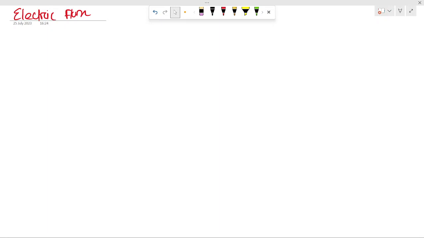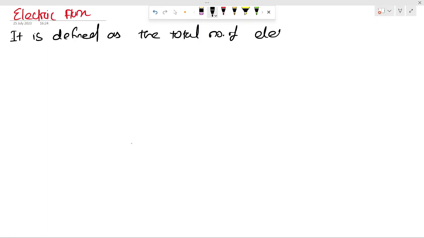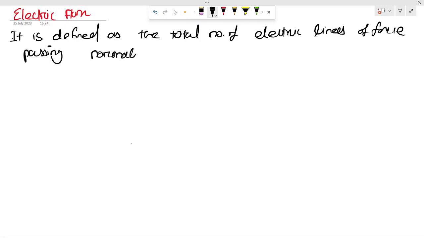Electric flux through a surface is defined as the total number of electric lines of force passing normally through the surface.